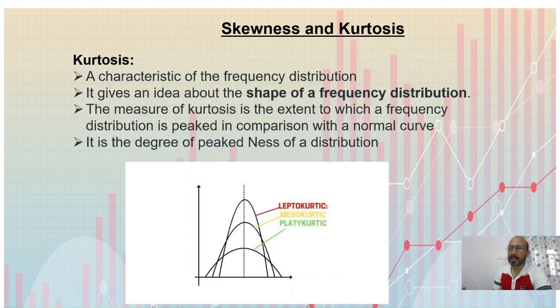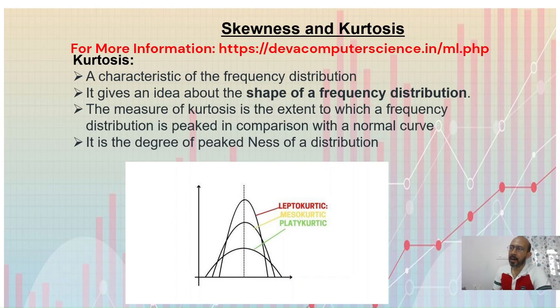Coming to kurtosis. Kurtosis in statistics is used to check whether the tails of the given distribution have extreme values. It also represents the shape of the probability distribution. So kurtosis is a characteristic of the frequency distribution.